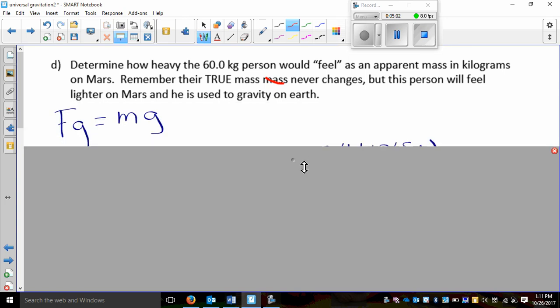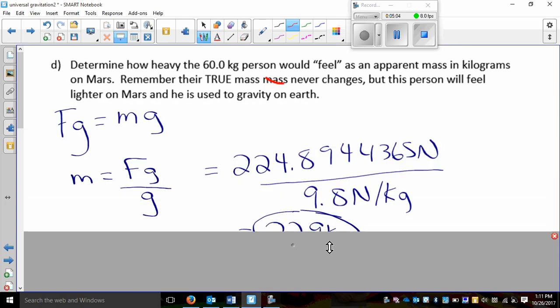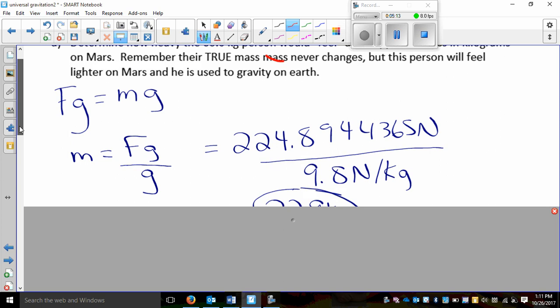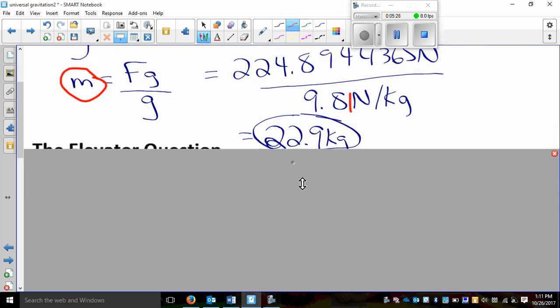To find his mass, we go Fg, which was 225 we just found, divided by the g on Earth, 9.8 or 9.81, depending on which resource you use, and we get 22.9 kilograms. So he would feel just like he only weighed 22.9 kilograms instead of 60 kilograms. He would feel a lot lighter.